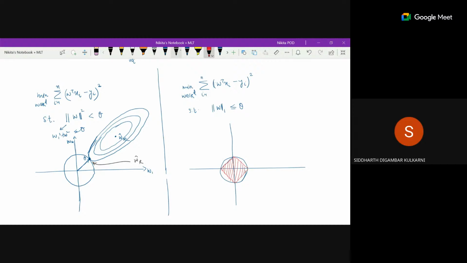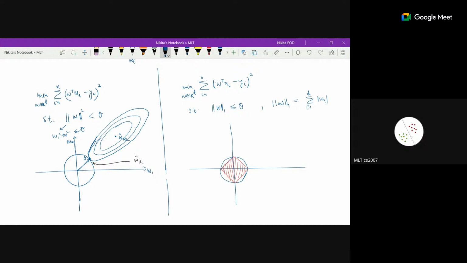What is the L1 norm, madam? The L1 norm is defined as the sum over |Wi|, where i varies from 1 to d. You take the mod of each term and sum it.